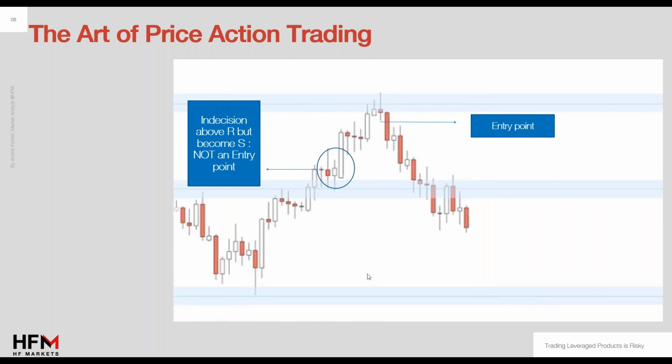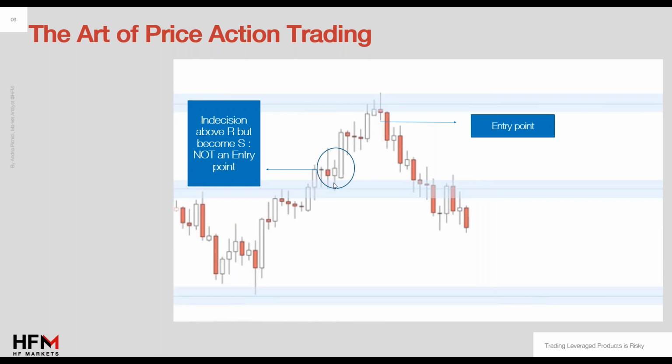So what you need to be very careful about, if you identify an indecision, a breakout of, in this case, the resistance area, but some indecision above the resistance area that was just broken, like this one, you see, it broke it, but afterwards it just gave us some sideways candles, small body candles with long tails. So it is directionless.